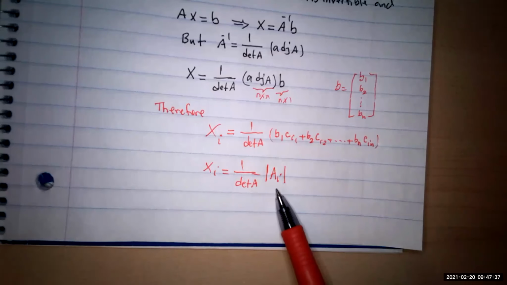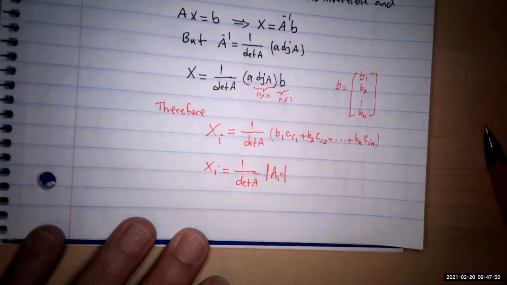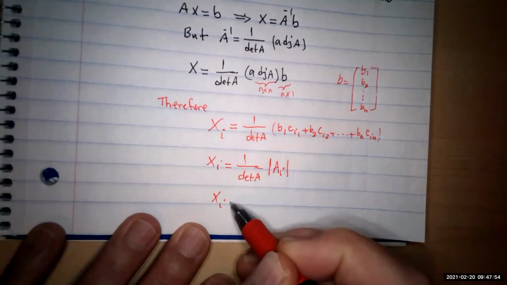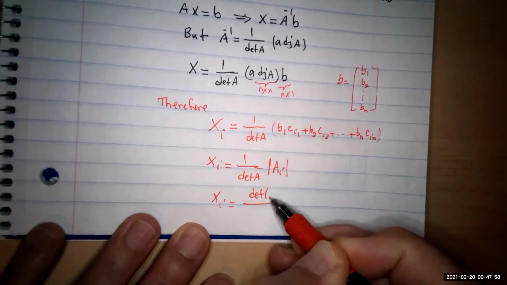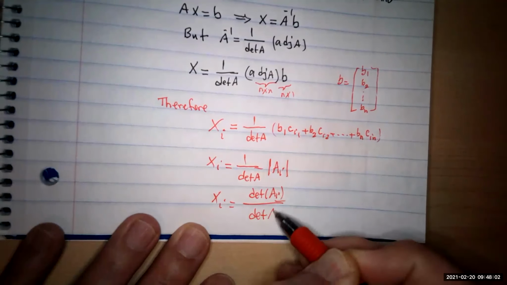What is the matrix Ai? It is the matrix A in which you replace column i by the column of the constant vector. So in general, if you want to find xi, you simply divide the determinant of the matrix Ai by the determinant of A.